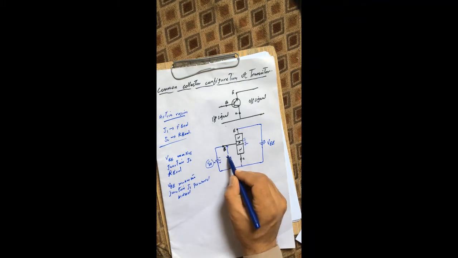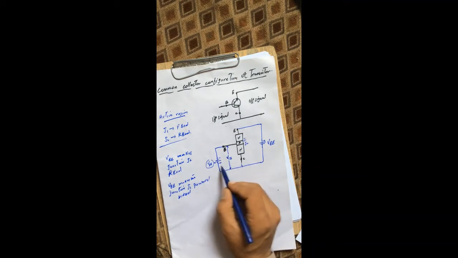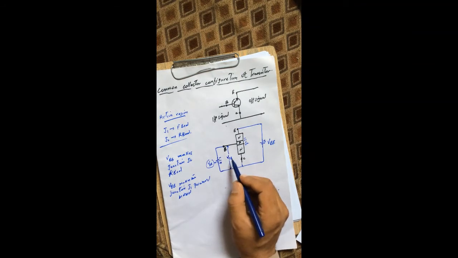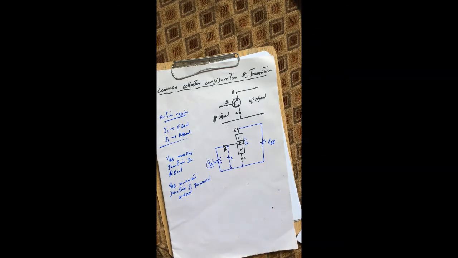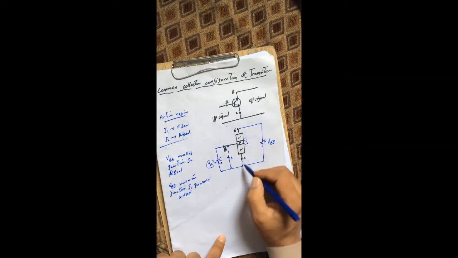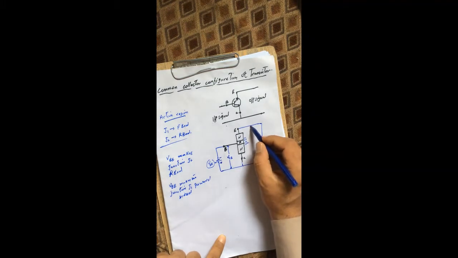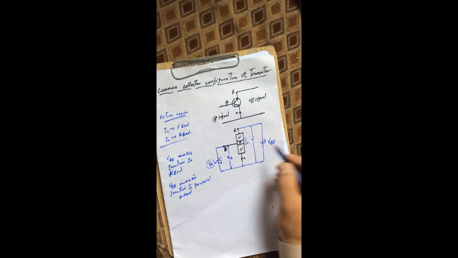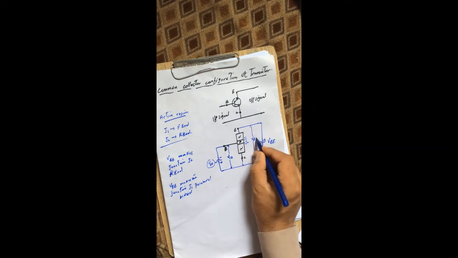Here we write C first because the collector is connected to the positive terminal and the base to the negative terminal. The positive terminal's index comes first and the negative terminal's index second. Similarly, the voltage between emitter and collector is represented by VEC.